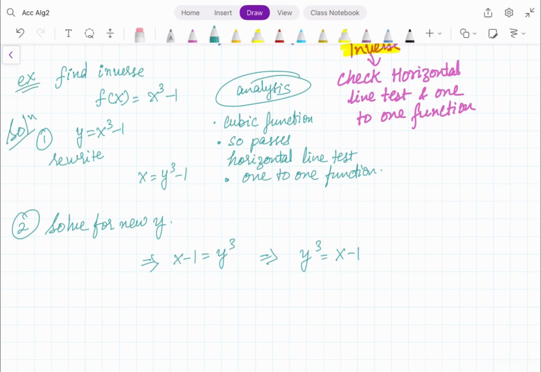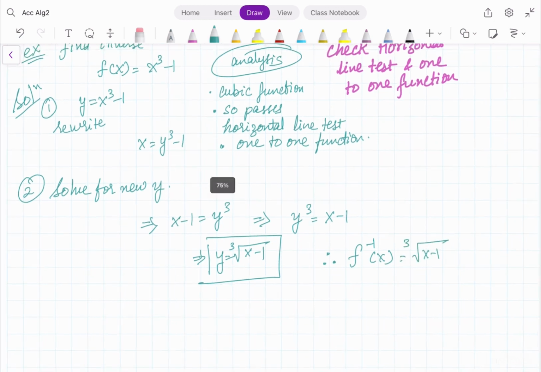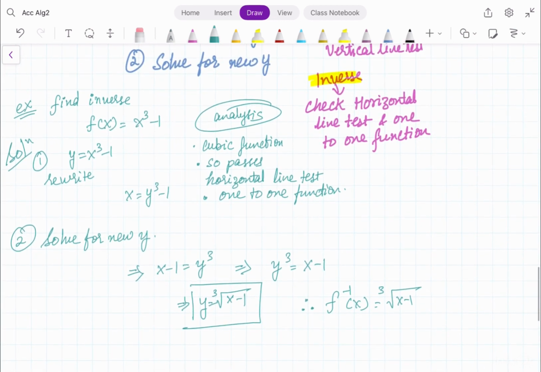So y cubed is x plus 1. This implies y will be the cube root of x plus 1. So this is what we got, the inverse function of f of x. So therefore, f inverse is the cube root of x plus 1. Right?